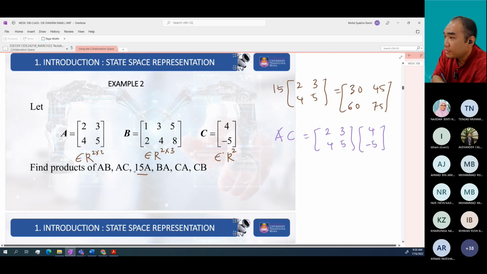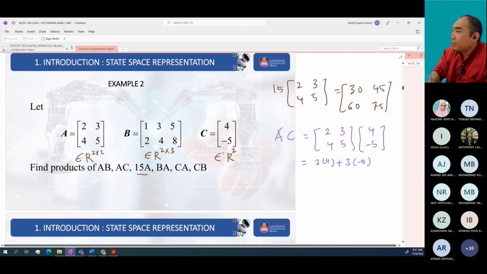We got matrix A multiplied with matrix C, and the result of the operation we got 2 times 4 plus 3 times minus 5. Okay, 2 darabkan dengan 4, tambahkan dengan 3 darabkan dengan negatif 5.